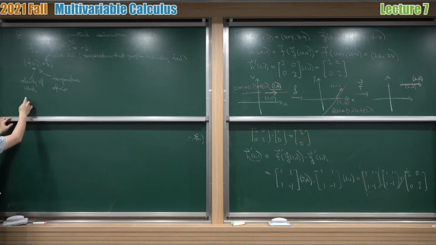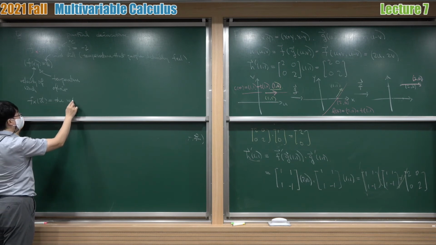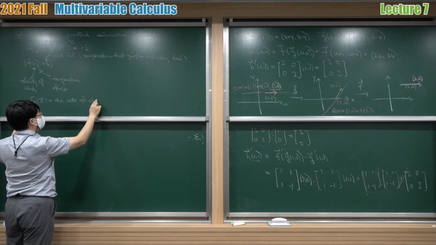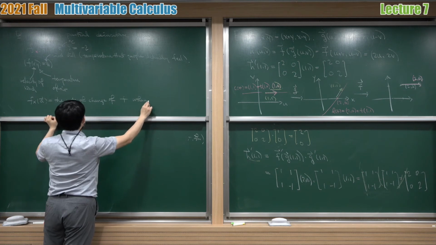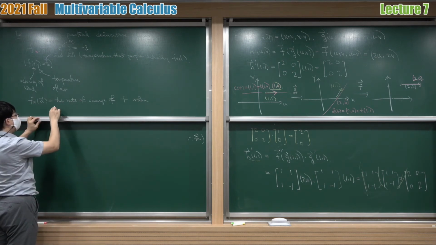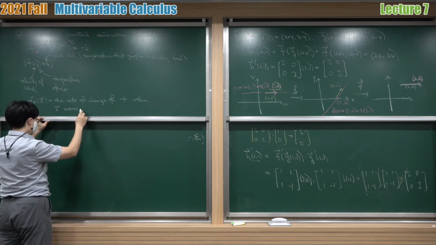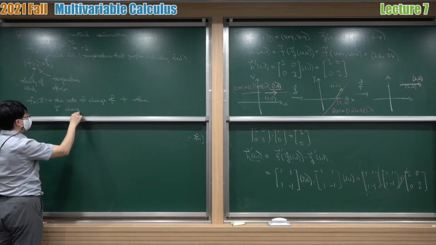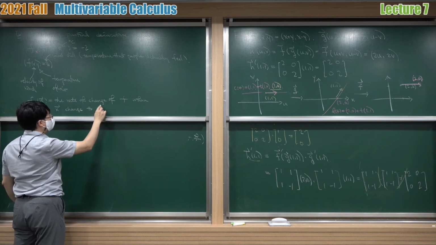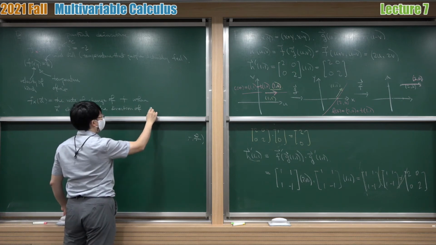So for example, if we have f_x(a), then this gives the rate of change of f when x changes in the direction of a.